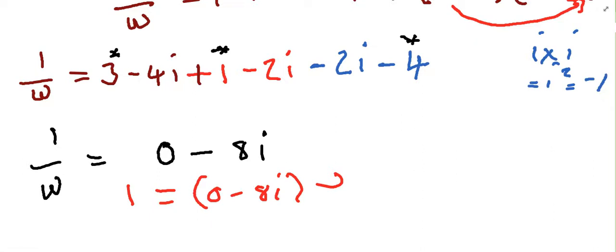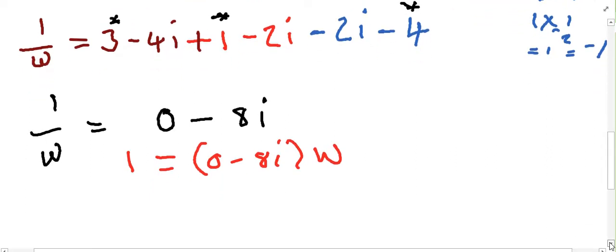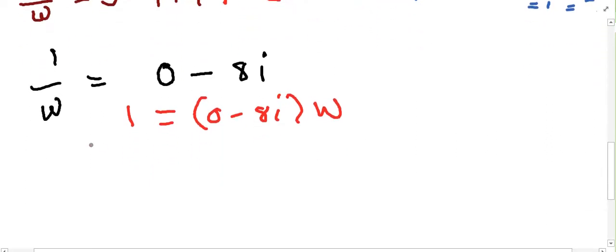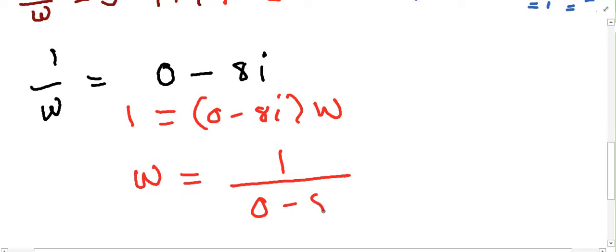So my W will be there. Have cross multiplied. All right. So from there, you can simply know that W is equal to 1 over 0 minus 8i.